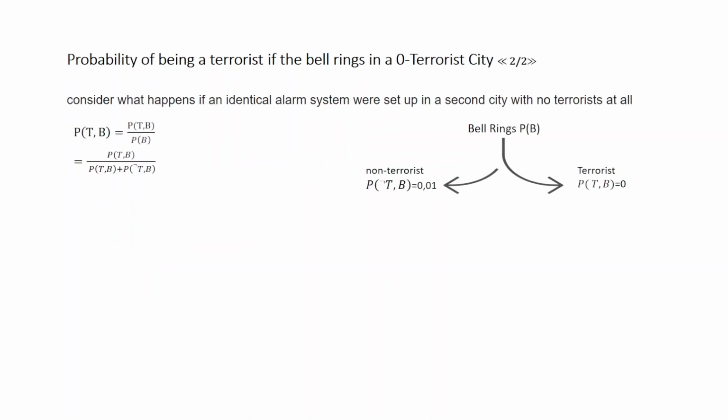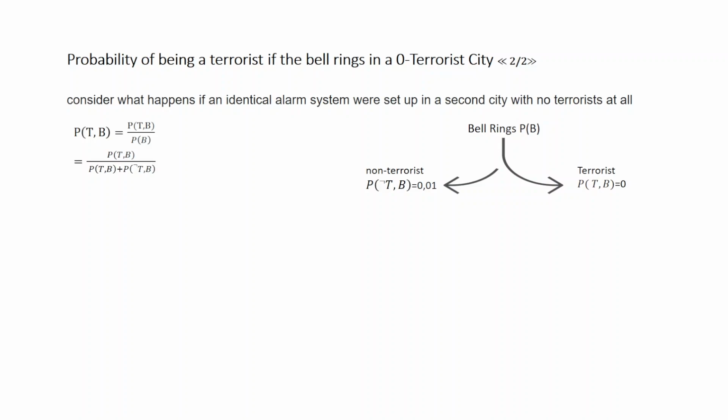To understand that, let's imagine that we have the same alarm system in another city that has 1 million inhabitants. However, in this city, there are no terrorists. Everybody is a non-terrorist. Then the bell will ring in two situations. Either we have a false positive, that is, the bell rang and wrongly scanned an inhabitant who is a non-terrorist, or the bell rings having a terrorist.